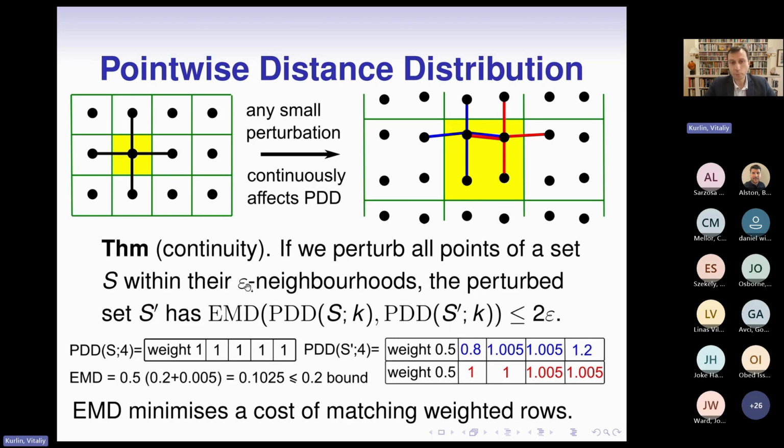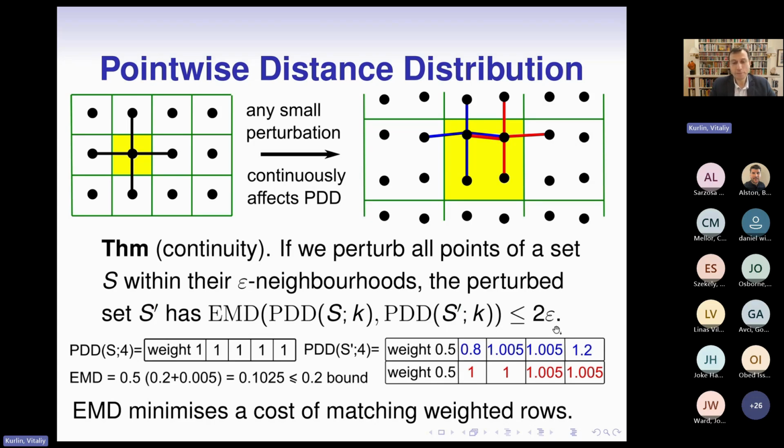And what we formally proved is that if we shift every point in a periodic set up to small epsilon, then the pointwise distance distribution that we compute here changes continuously in a suitable metric. It's called Earth Mover's distance here, although many other metrics are also possible. So it changes continuously up to this upper bound 2 epsilon.